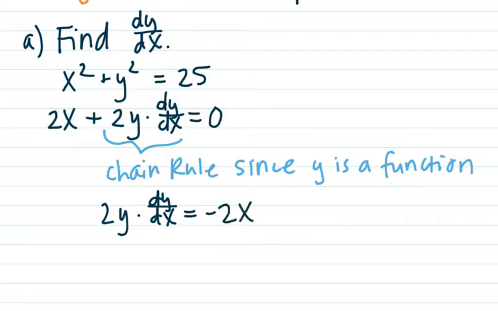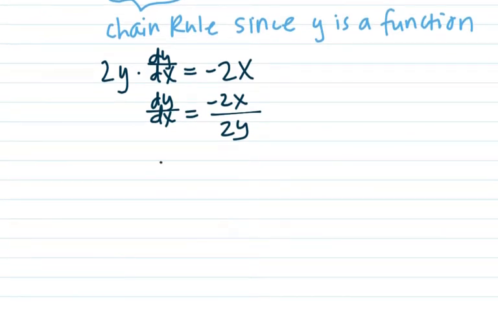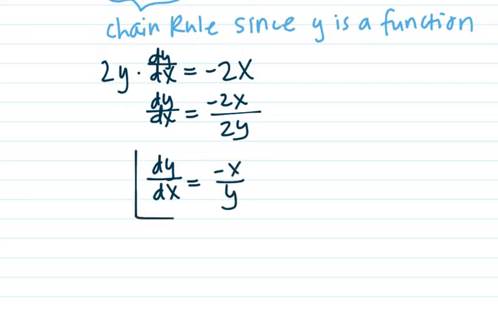The next thing I need to do is undo this times 2y, so I'm simply going to divide on both sides by 2y. And so I get negative 2x divided by 2y, which we can simplify to just negative x over y. And so this is how we will find that instantaneous rate of change for any given point on the circle.